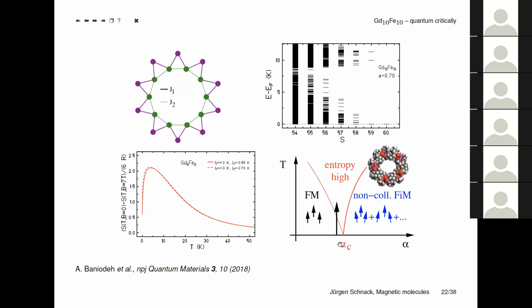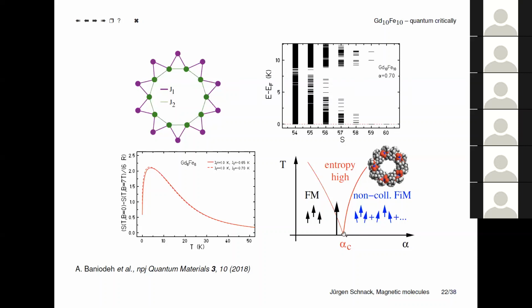And this ratio is called alpha. At this critical value where they cross, there's a massive degeneracy. If this all were spin 1/2, then 50% of all states would be the ground state. This is an amazing behavior.